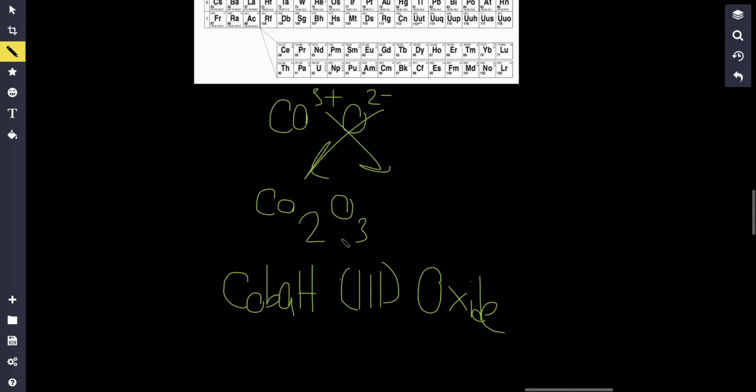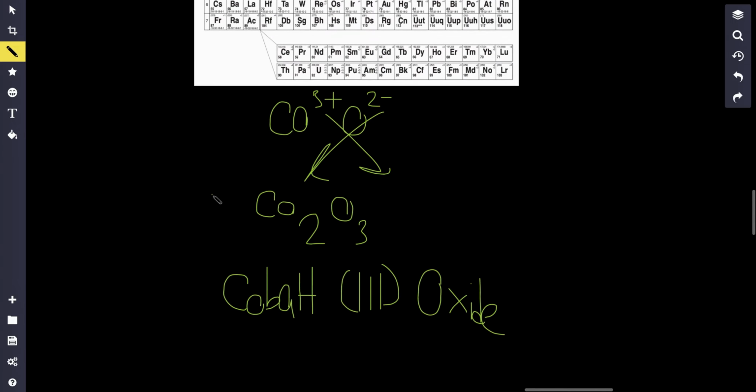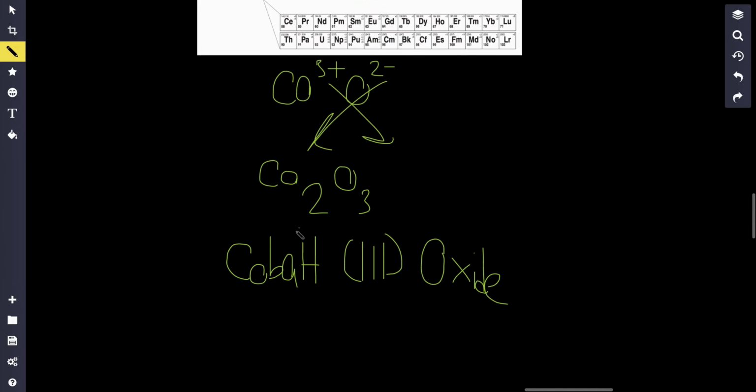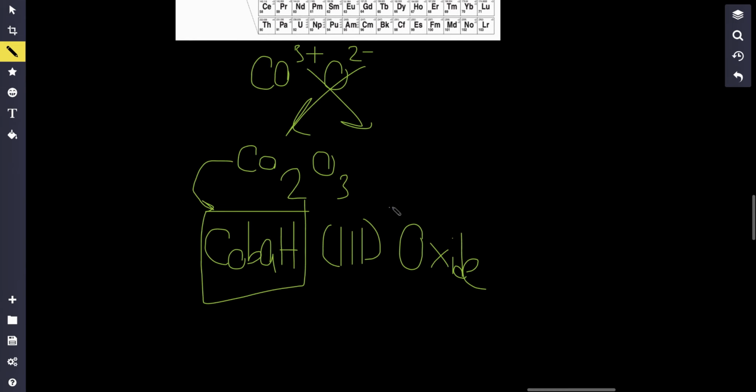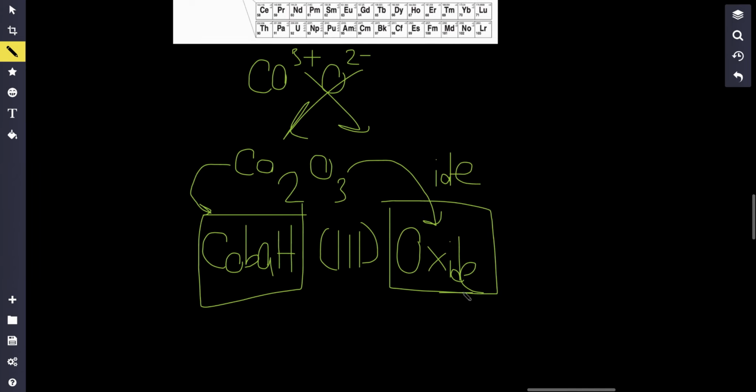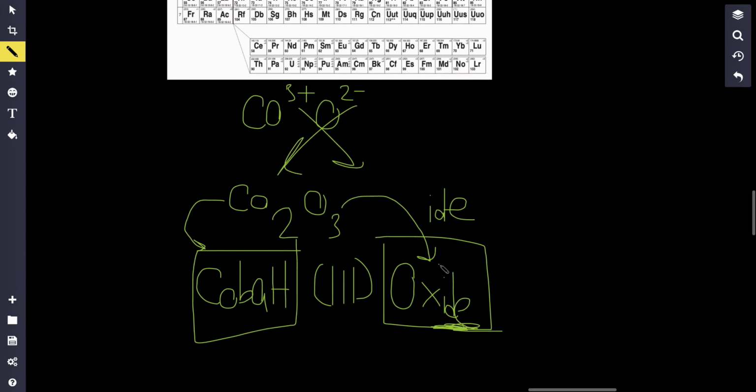You would name this the same as you would name a normal ionic compound. Remember, the name of the metal doesn't change, as well as the non-metal, the oxygen. Remember that you have to end it with an -ide, so oxygen becomes oxide. You always have to end with -ide if you're dealing with just a regular element.